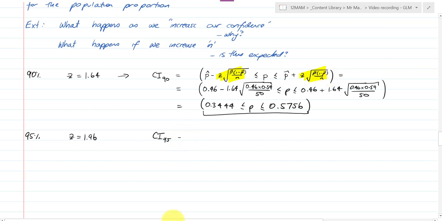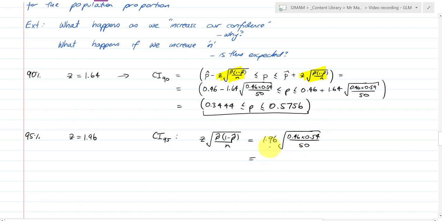I'm going to change my set out here, and I'm going to say, well, my confidence interval 95 with a colon, and I'm going to start by calculating z times the square root of p hat 1 minus p hat over n. And so in this case, that's equal to 1.96 times the square root of 0.46 times 0.54, that hasn't changed, over 50.